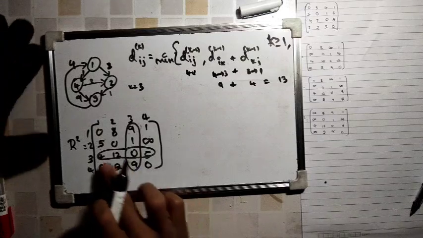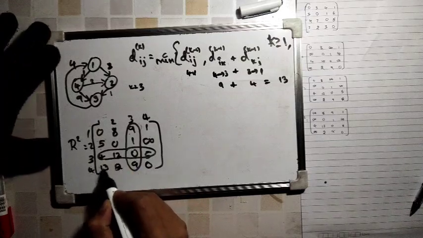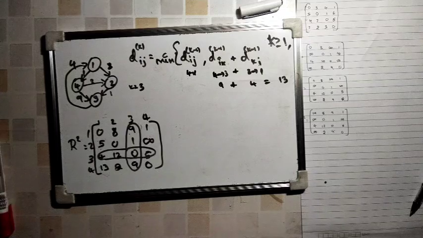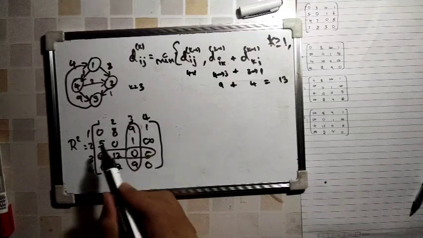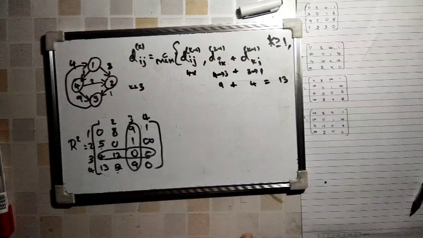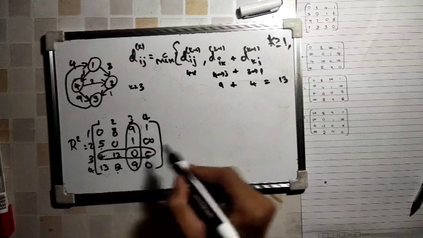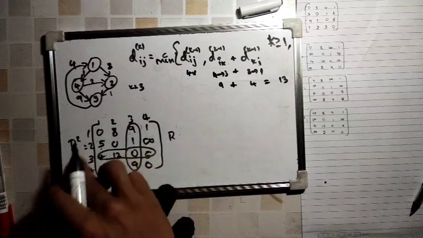So 4 to 1, this will be 13 here. Again at the last place I have to do changes in such a way that it will reduce and generate me some value. So as you can see here, this one and this one we have got the proper value, and even this one. So yeah, now I'll write my, so this was my R2.